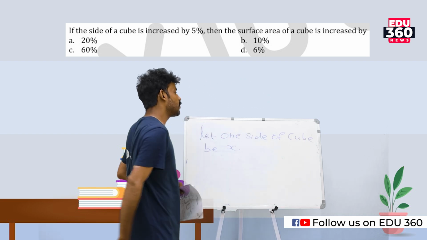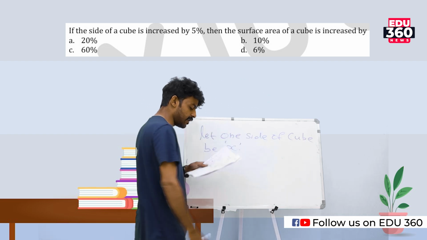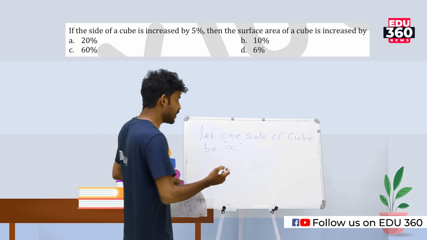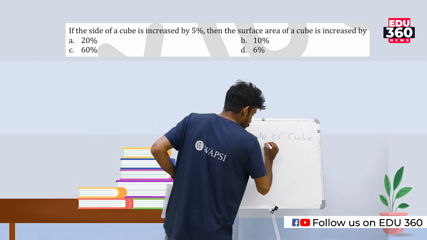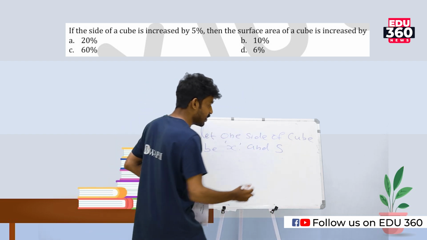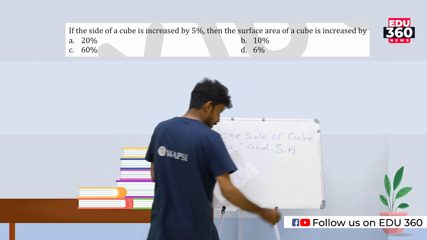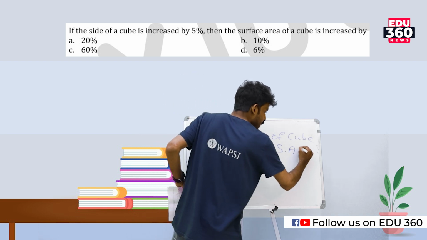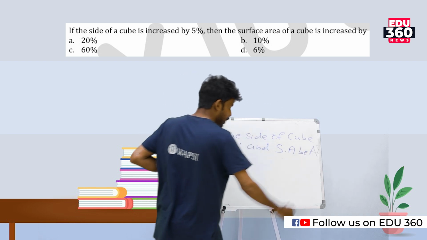We are going to consider one side of the cube to be equal to x, and for surface area I'm going to represent it with capital A.